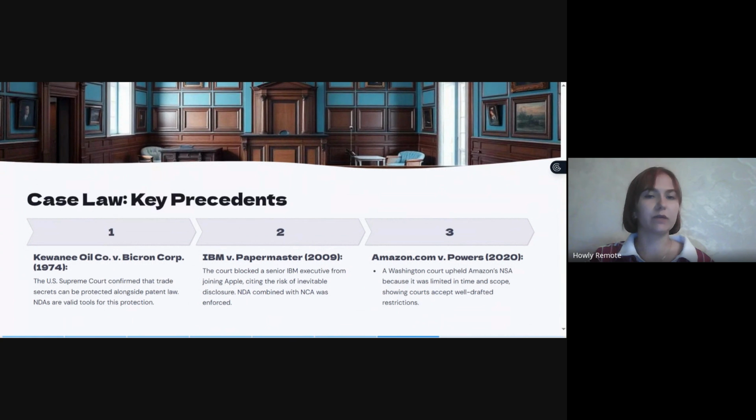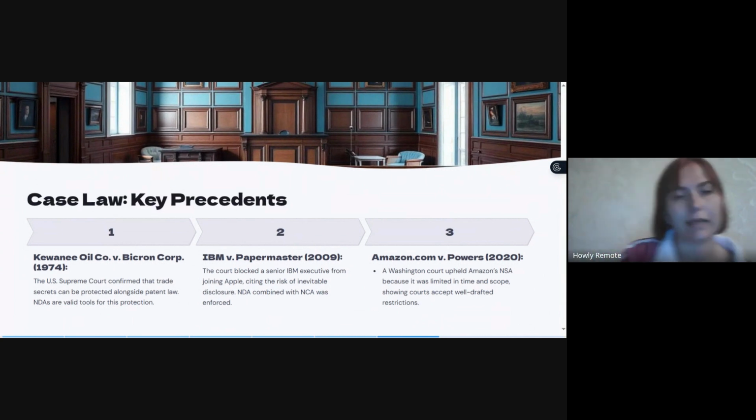This case demonstrates how NDAs and trade secrets laws can be reinforced by court when a former employee moves to a competitor. Companies must identify who has access to critical information and may use NDAs or other agreements to prevent competitive harm.